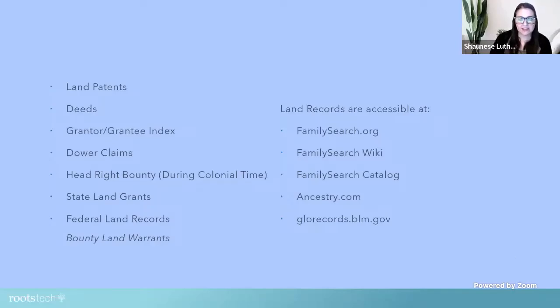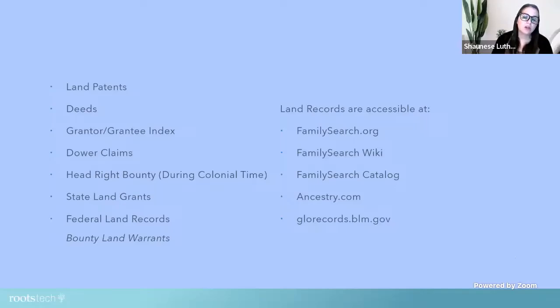State land grants, so the state is in charge of giving land to the individual, or you have federal land records or federal land grants, and this is usually like bounty land warrants. So if they served in the wars, they would get it. You also have the Homestead Act in 1862 where they can get land.